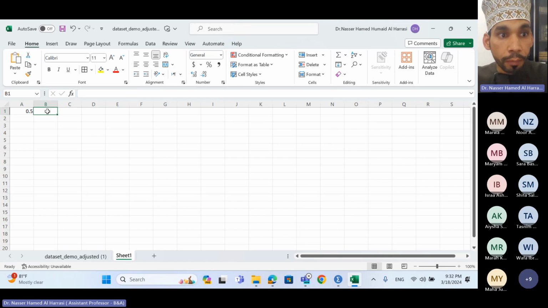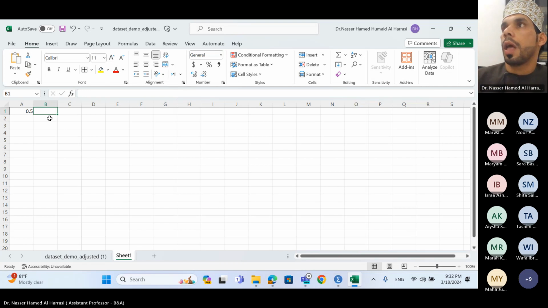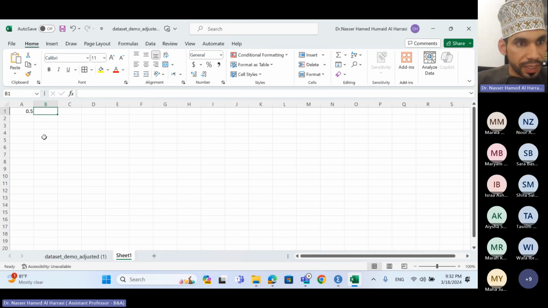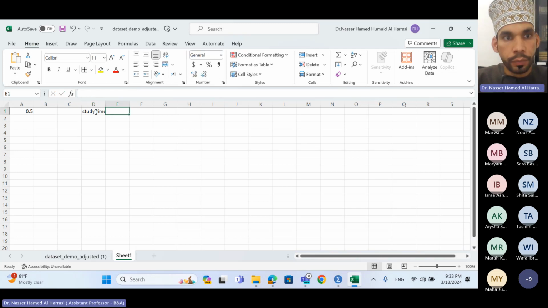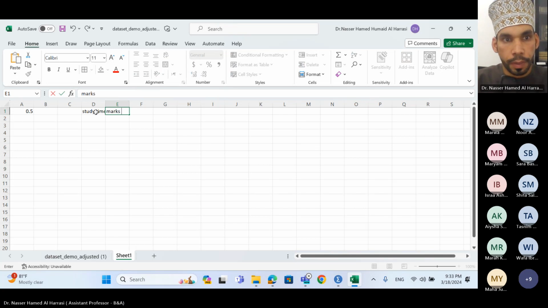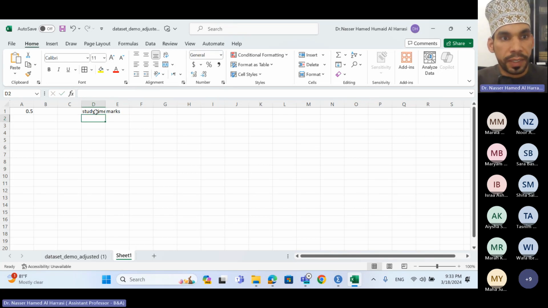Now, if I'm going to use different variables, for example, study times and the marks. So I'm having two things, study times and, for example, marks. What is this effect size saying?